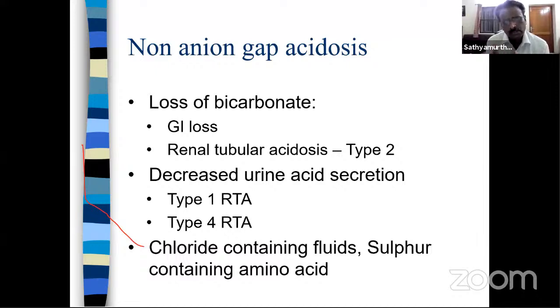Then there are patients who receive high chloride containing solutions for long periods, like if you infuse sodium chloride for more than a liter or so, patients do develop hyperchloremia, and that can itself lead to acidosis. But if you calculate the anion gap, it will be normal for these patients.